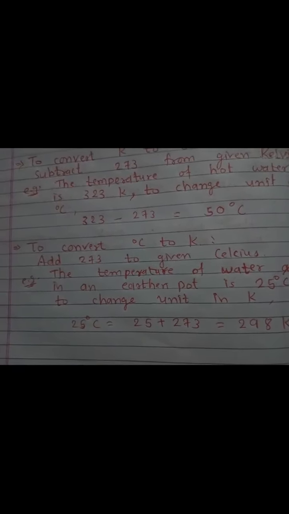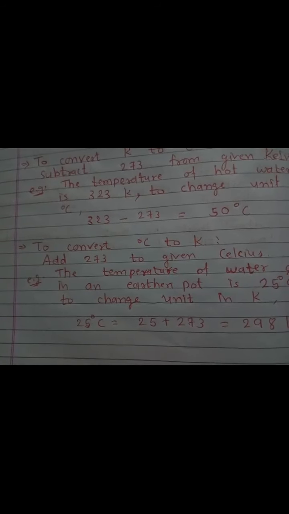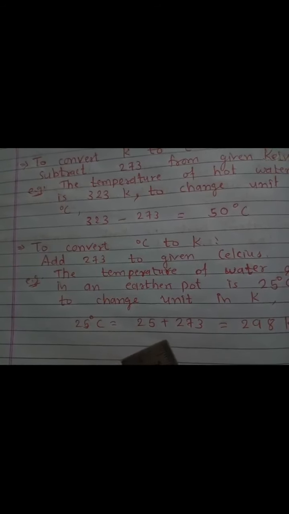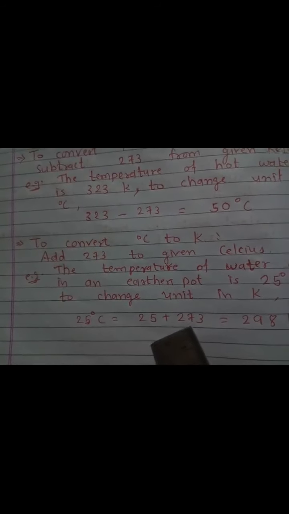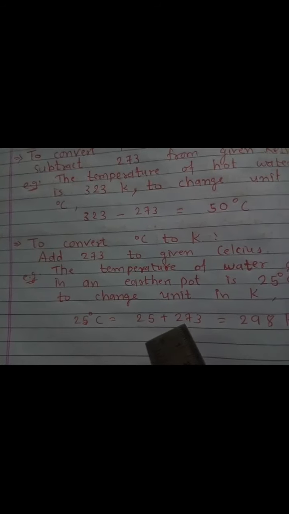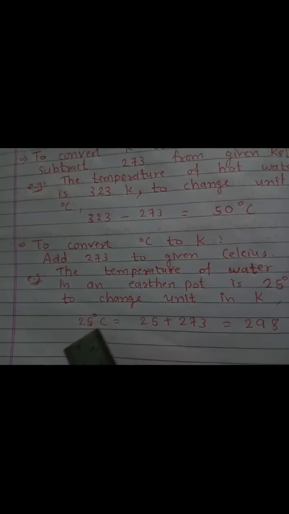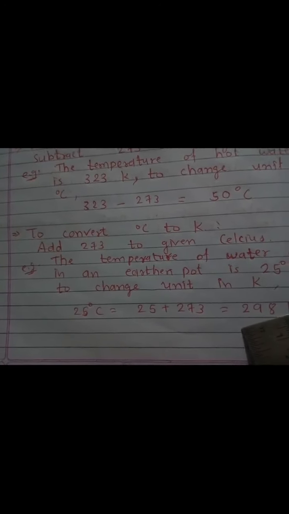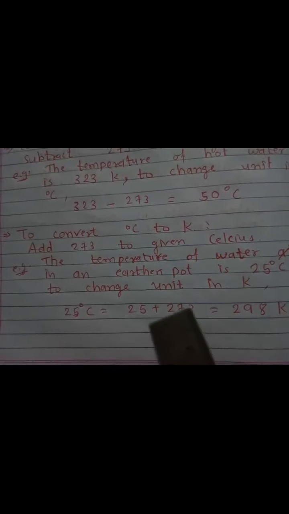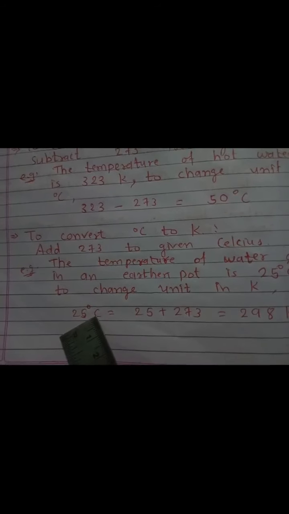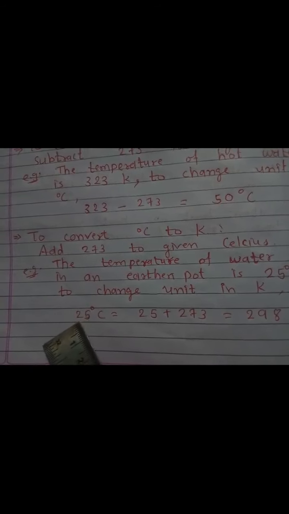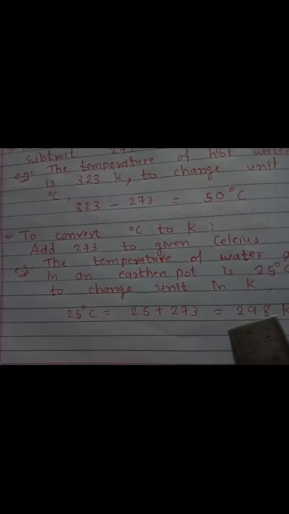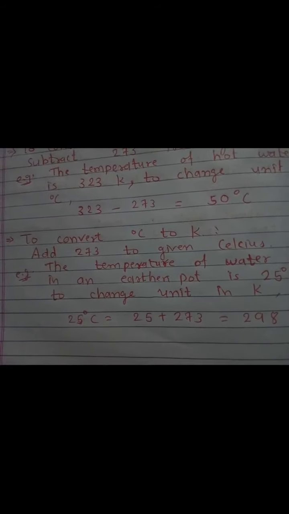To change this unit, degree Celsius, into Kelvin, we should add 273. So what answer do we get? That is 298 Kelvin. What does it mean? The temperature of water, which is measured as 25 in degrees Celsius, in Kelvin is 298.